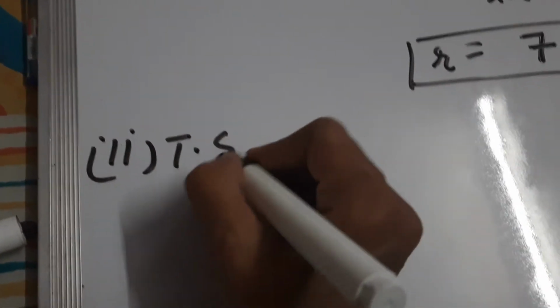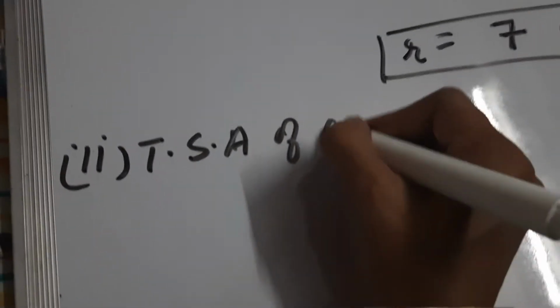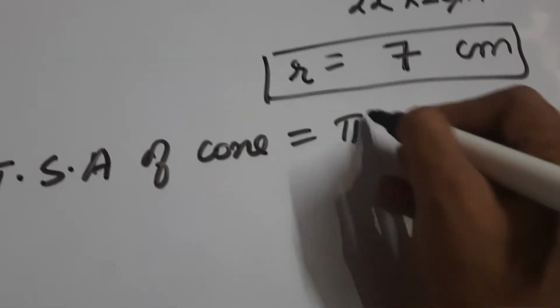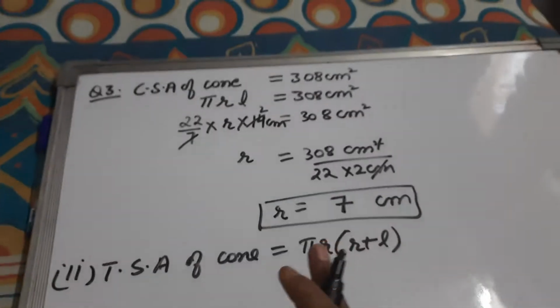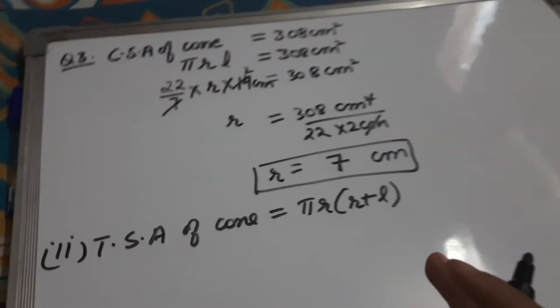Now the second part. In the second part they are telling us to find out the total surface area of the cone. So let us find out the total surface area. Very easy. Pi r into r plus L. We have r now from the first part.